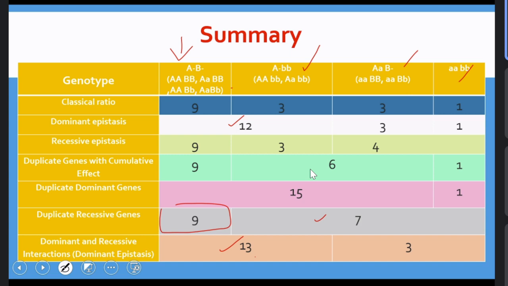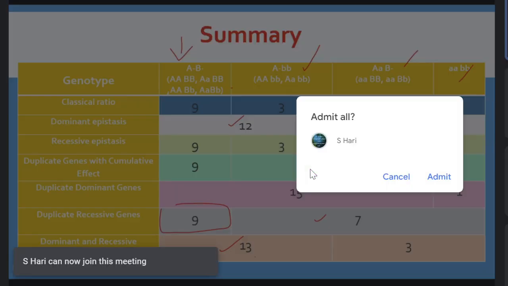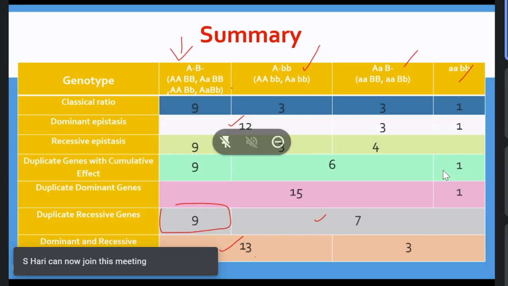Fourth one, supplementary genes. Fifth one, complementary genes. Sixth one, duplicate genes. Seventh one, duplicate genes with cumulative effect. So 7 different types of non-allelic interaction we have studied. Any doubts in this, please ask me. Otherwise, we'll move to the next topic.